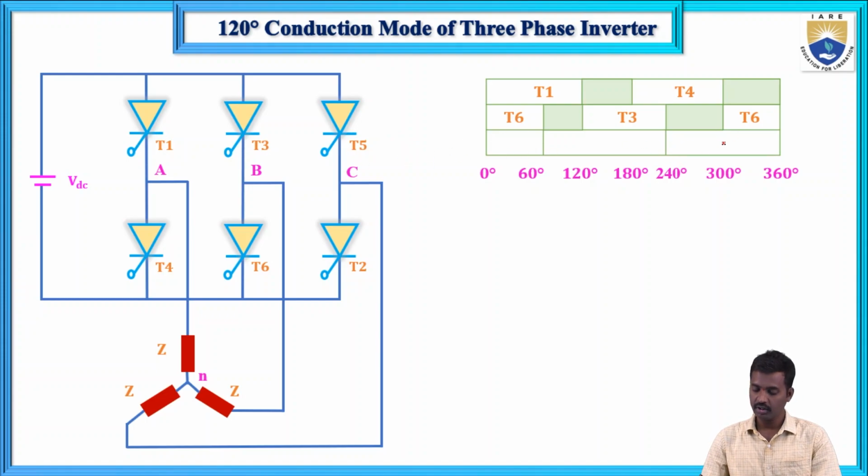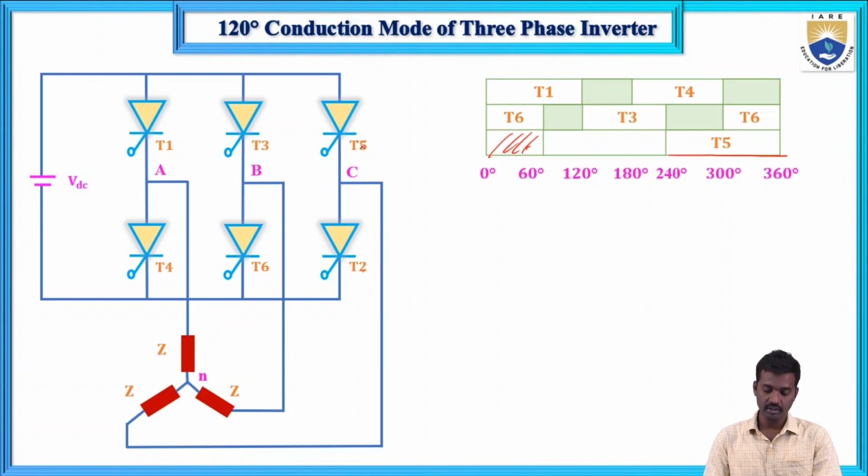T5 must start at 240 degrees because T1, T3 and T5 conduct 120 degrees apart in order to get balanced three-phase output voltage at the output terminals. So here T5 must start at 240 degrees. And next, up to 240 plus 120, 360, and after this no thyristor will conduct.